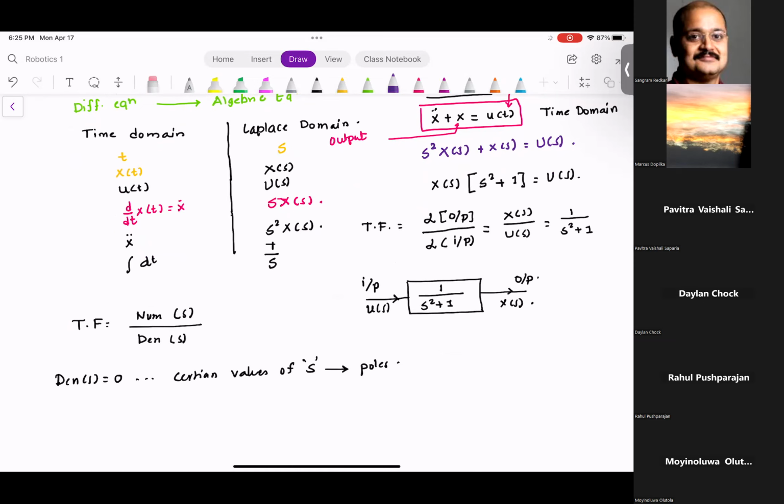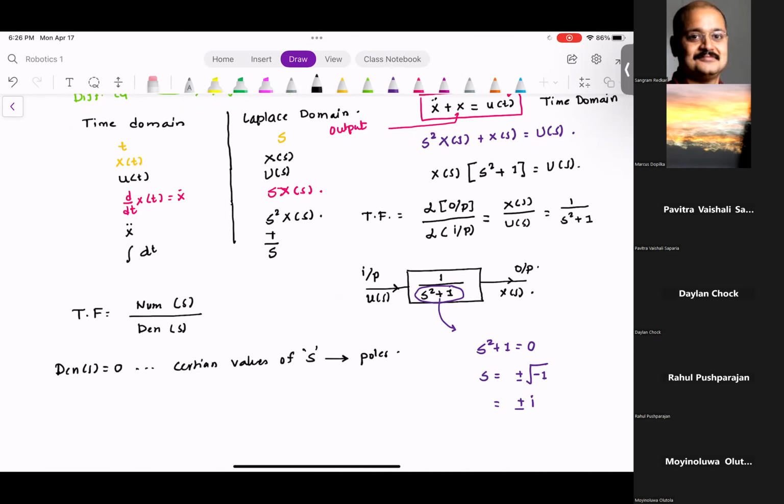In this particular case, the denominator is s square plus 1. So s square plus 1 is equal to 0, so s is equal to plus minus square root of minus 1, so s is equal to plus minus i. So when s is equal to plus i or minus i, the denominator of this transfer function is equal to 0.